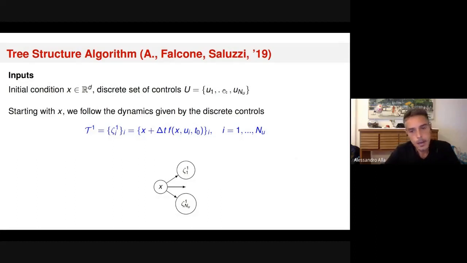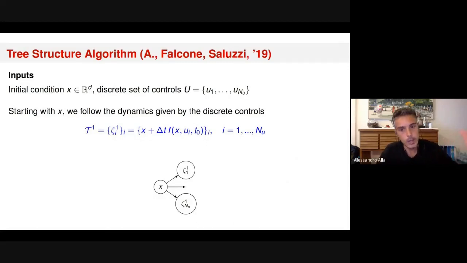Starting from the initial condition, we compute all the possible directions for a given constant control. We pick u_i, and then we compute x plus delta t times f for a given u_i. Just a remark, this is the explicit Euler approximation of the ODE.